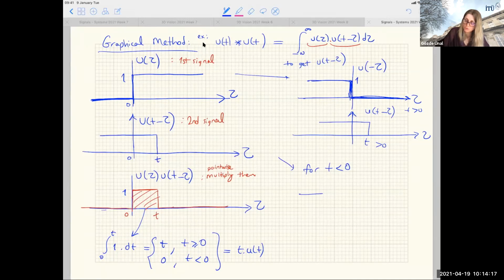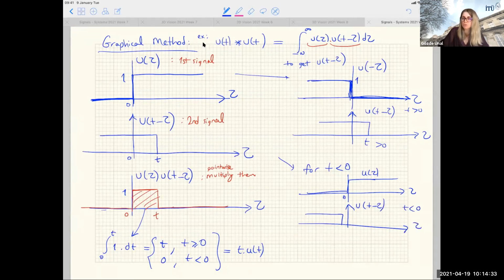Because I had u of tau here, remember, u of tau, and u of t minus tau, the second signal was somewhere here, right? t less than 0. You see the product is all zeros. U of tau times u of t minus tau, product is really all 0. 0 for all tau, right? That's why in the end, this convolution is equal to t u of t.